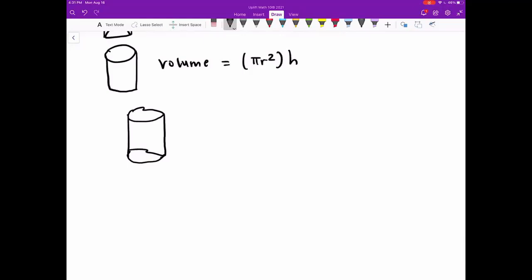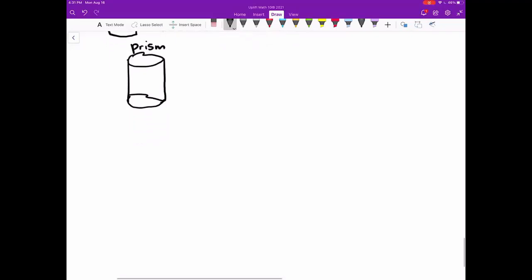You kind of elongate the base, and then you get this structure called a prism.